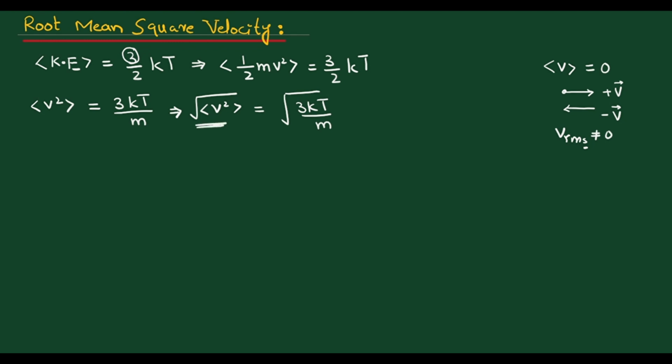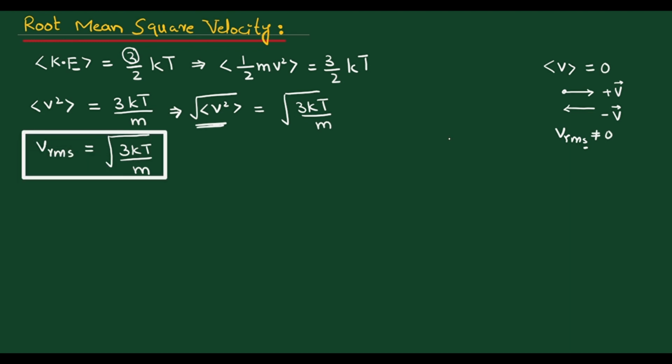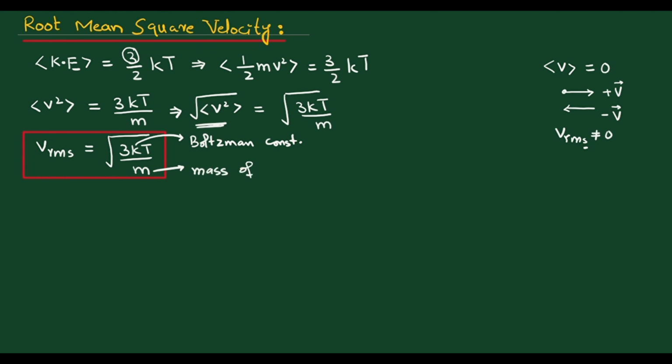This left-hand side, the square root of v square average, is called v root mean square, and it is equal to the square root of 3kT by m, where k is the Boltzmann constant and m is the mass of the molecule.